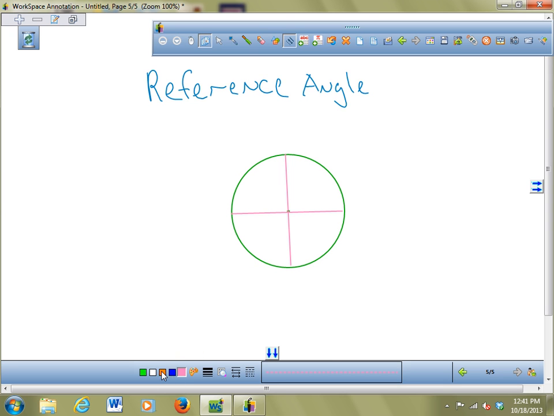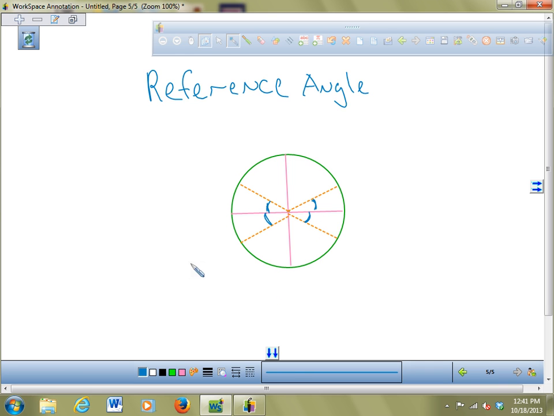So we'll change this to orange. This angle right here is the reference angle. If I'm in the first quadrant, the reference angle is this angle right here. If I'm in this quadrant, my reference angle is right here. If I'm in the third quadrant, my reference angle is right here. And if I'm over here, then my reference angle is right there.